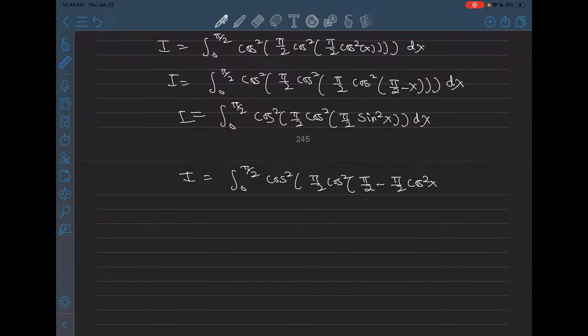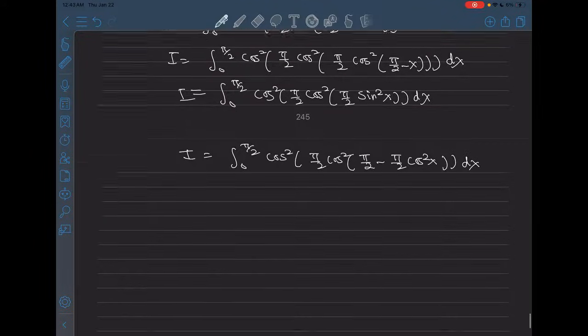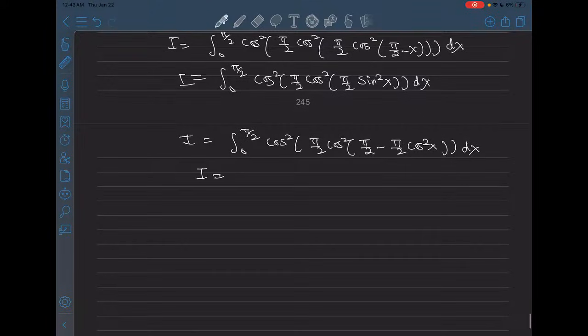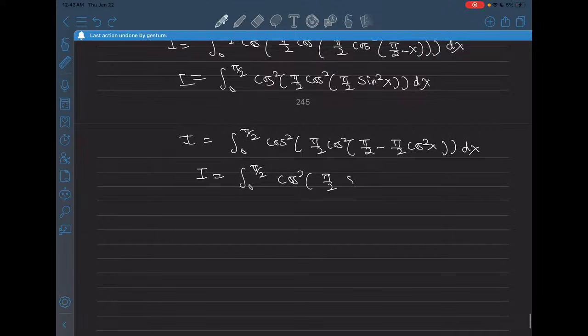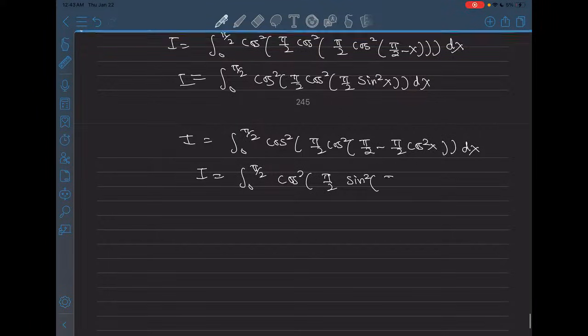I just use the fact that sin square x is 1 minus cos square x. So this is now sin square of pi by 2 cos square x.